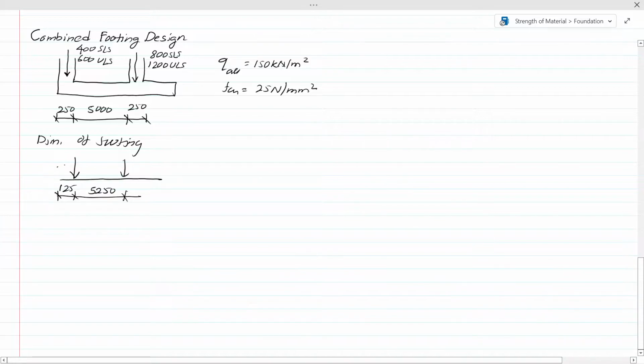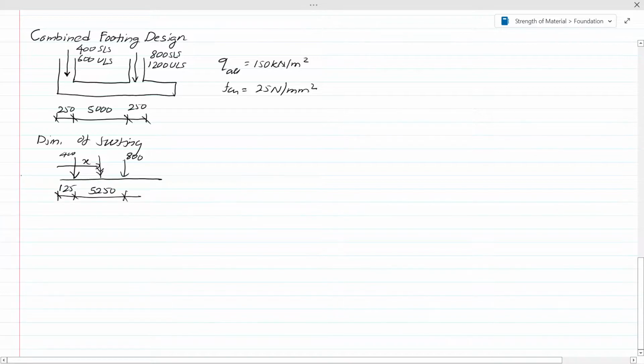So now first we need to find the load center, the geometric center of the load where the resultant will be acting. Right? This is say X. This load 400 SLS. This is 800 SLS.